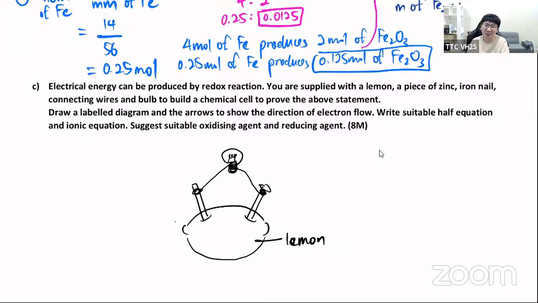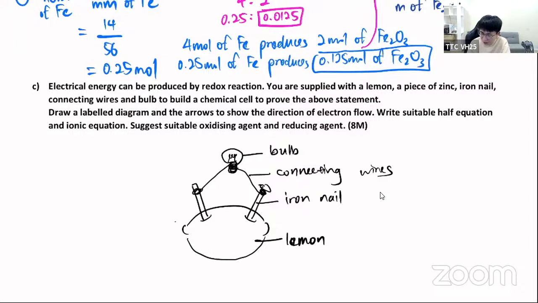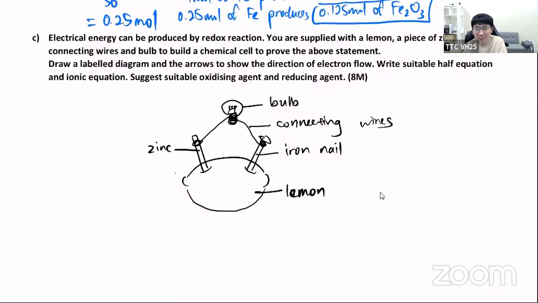Okay, here now got what? A baby with an antenna. Okay, label everything. This is iron nail. This is bulb. This is connecting wires. And then this will be zinc.